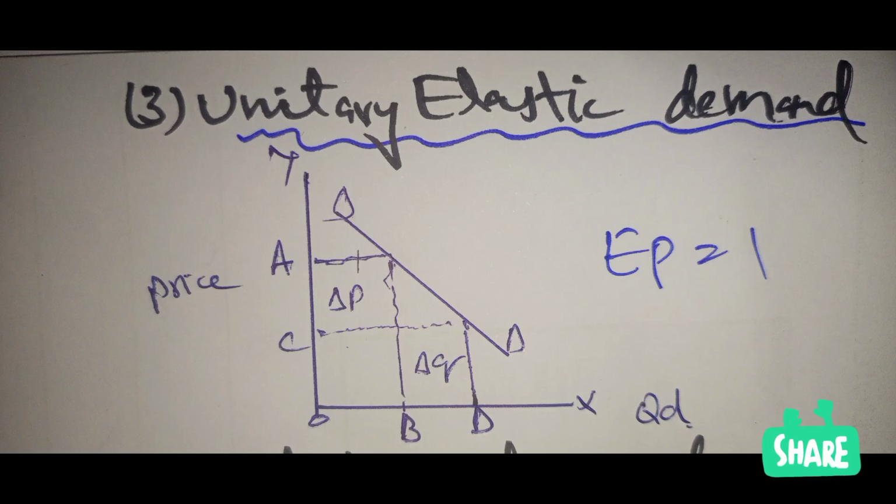When elasticity of demand is greater than 1, that is called elastic. Here, when our answer is 1, 1 shows the unit. It means unity elasticity of demand. Equal changes in both the price as well as in demand.